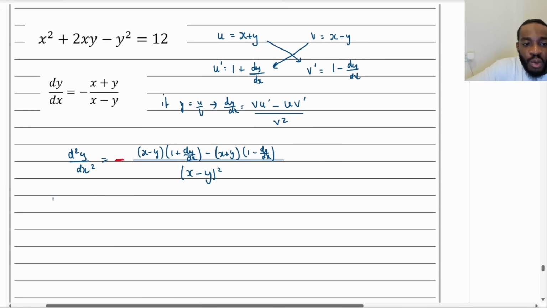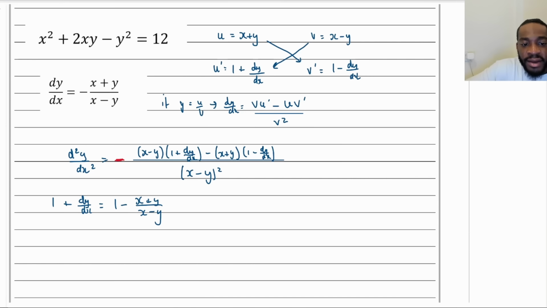So I'm going to say that 1 plus dy/dx is actually the same as 1, and then plus dy/dx, I put a minus, x plus y over x minus y. And obviously a plus and a minus make a minus. So let me write this a bit neater. It's literally just 1 minus x plus y over x minus y, okay?